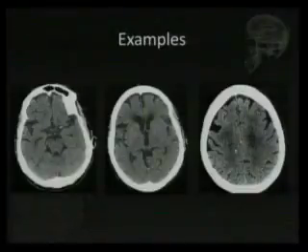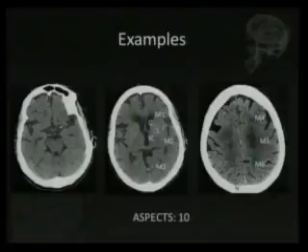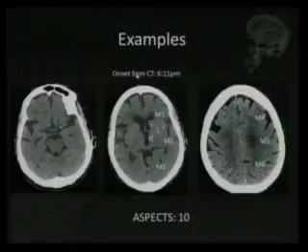M4, M5, and M6, they look the same as the contralateral side. Insular ribbon, the same. Head of the caudate, internal capsule, and lenticular nucleus is the same. So those are the 10 areas that we look for, and we gave an ASPECTS of 10. The onset was at 5 p.m. CT was done an hour later, so it correlates very well with the time of onset.